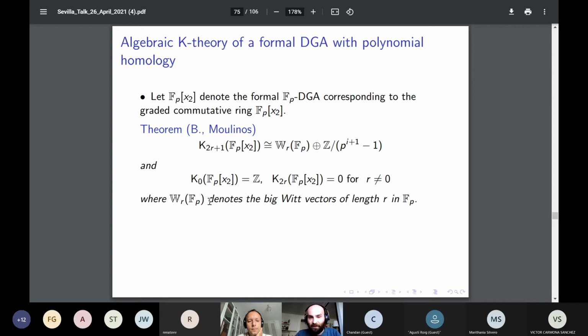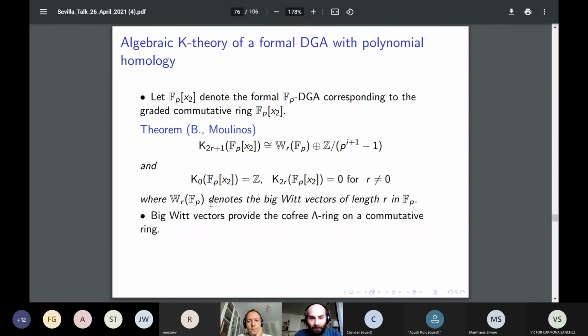Here, W_r(F_p) denotes the big Witt vectors of length r over F_p. Taking big Witt vectors on a commutative ring is basically taking the cofree lambda ring on that commutative ring.